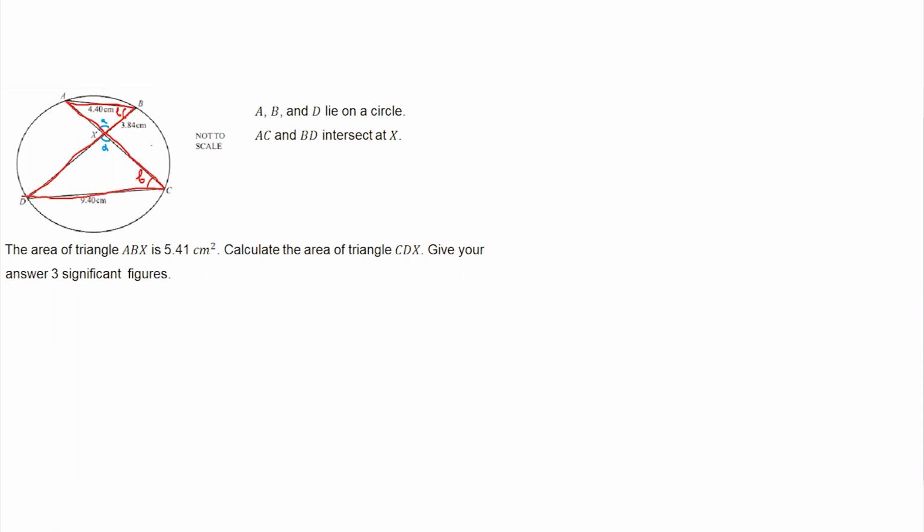I will write here angle B as well because they are the same. And here, if I mention angle C, you see, this angle is exactly the same as the angle D because they both lie on the same arc. So it will be angle C as well.